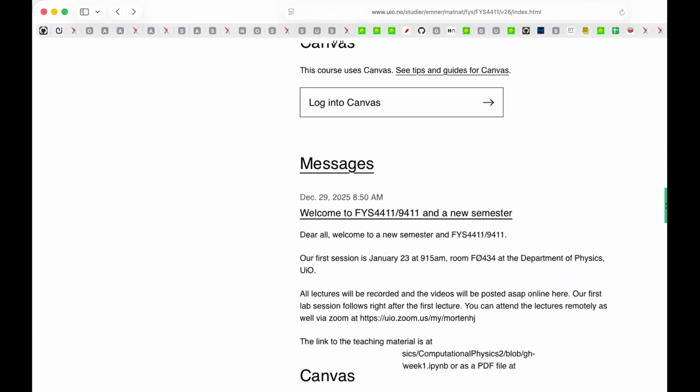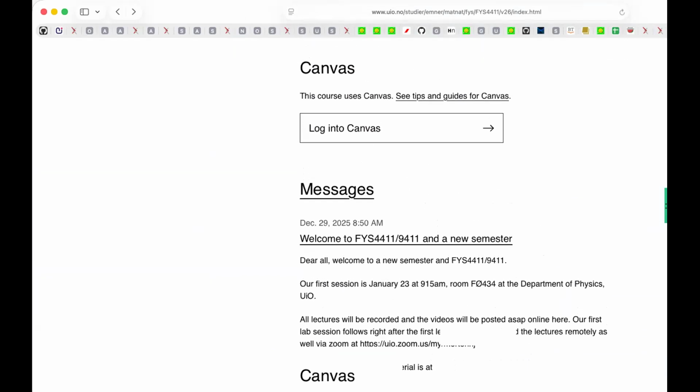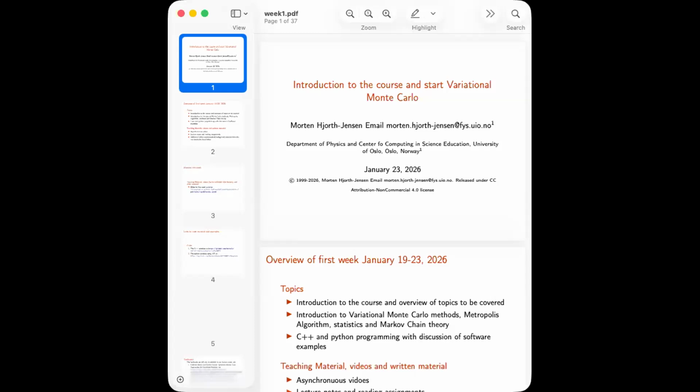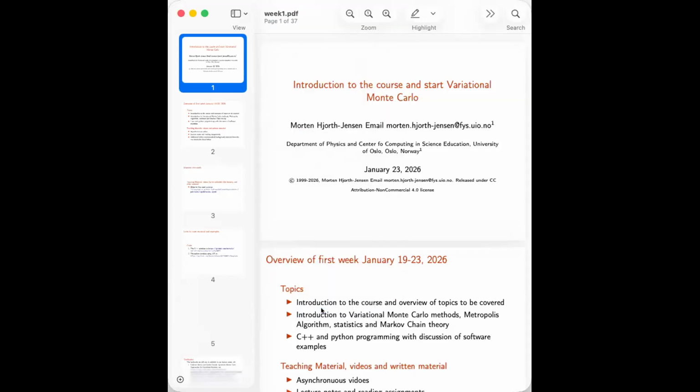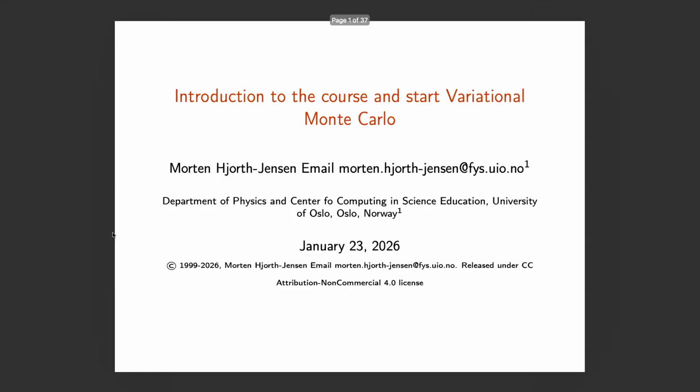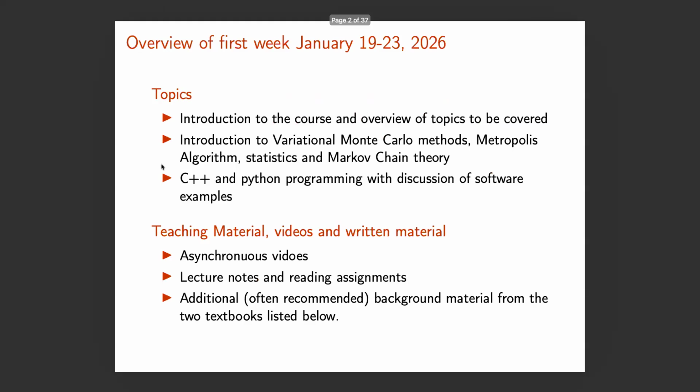Okay, so what I want to do now is to quickly go to the slides, and I'm going to show you some of the basic things which we are going to discuss through the semester here. Let me just bring this up. I just wanted to say a little bit about the layout and the kind of projects which we are going to deal with.